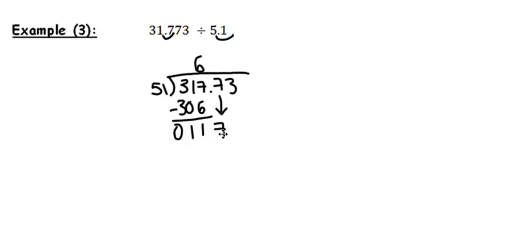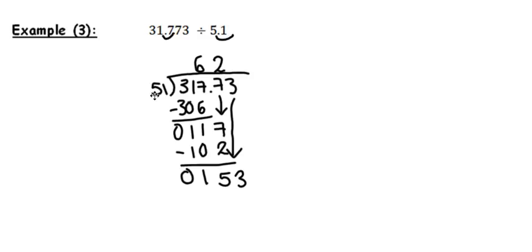Bring down the 7. 51 fits into 117 2 times. 2 times 1 is 2, and 2 times 5 is 10. Subtract, you get 5, 1, and 0. Bring down the next digit, 3.